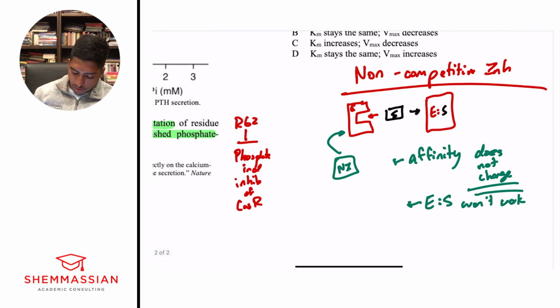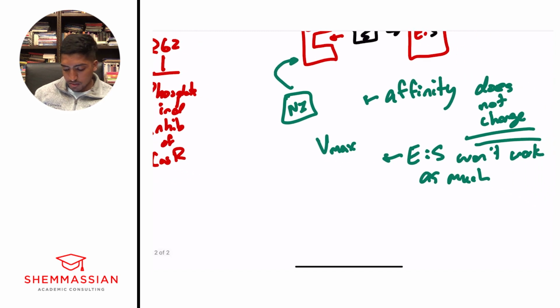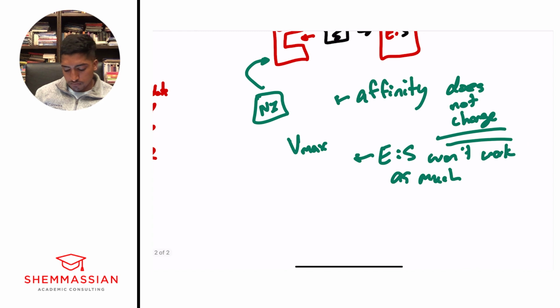So if the ES won't work as much, what does that mean? That means that our Vmax, so the peak amount of this binding together of the enzyme and substrate, that will decrease.